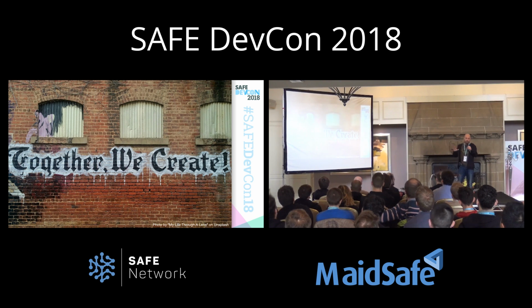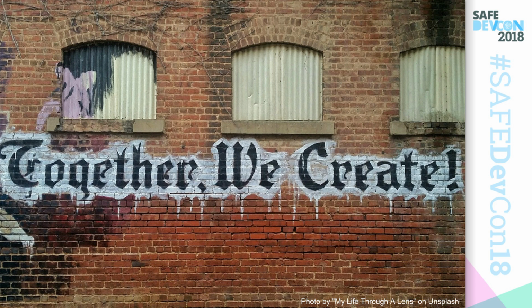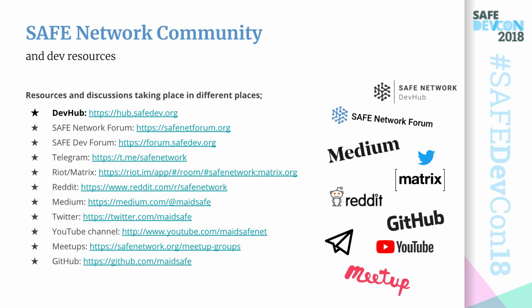So all that is a summary of all the tools and resources we have. But I think one of the most important ones that needs to be considered by any developer trying to create an application is really the community and all the places where we participate with articles and discussions. We also have several meetups around the globe.